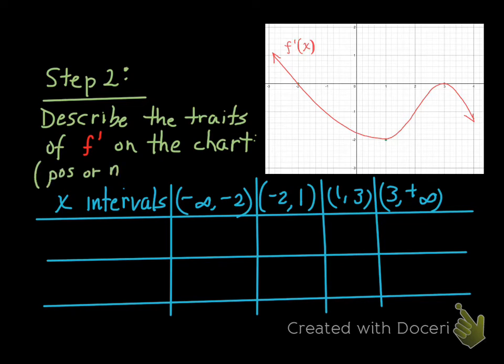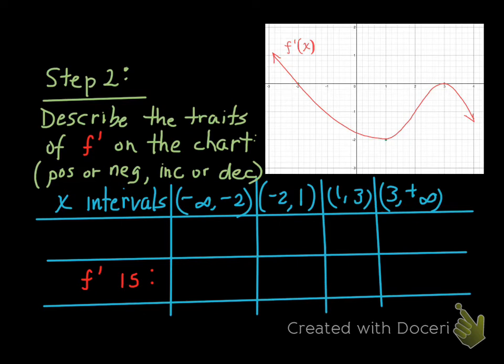Okay? So I'm really just concerned with these 2 issues in each interval. Is f prime positive or negative in each interval? And is f prime increasing or decreasing in each interval? And we're going to have the f prime row down at the bottom, consistent with what you've had in your previous assignment.